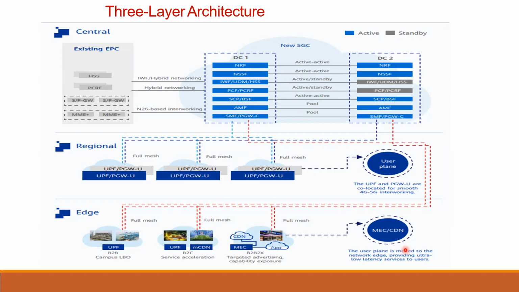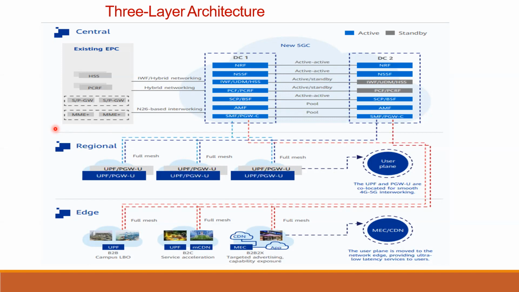Now, if you deploy a 5G network, you're going to deploy it in two data centers. So the nodes which are going to be centralized are NRF, NSSF, UDM, HSS, PCRF, and PCF, your AMF, and your SMF.